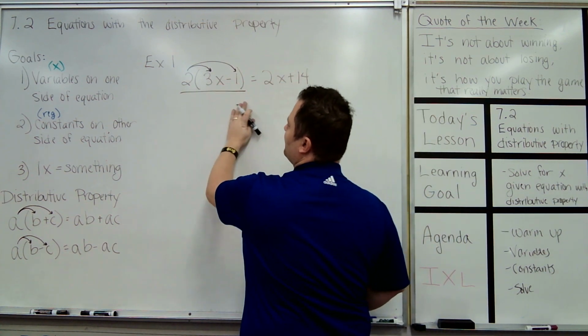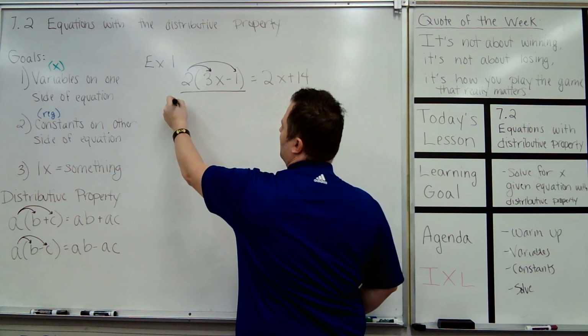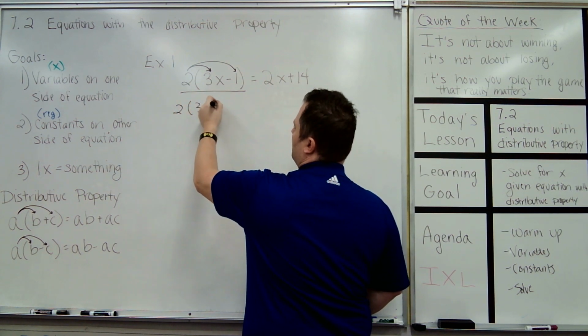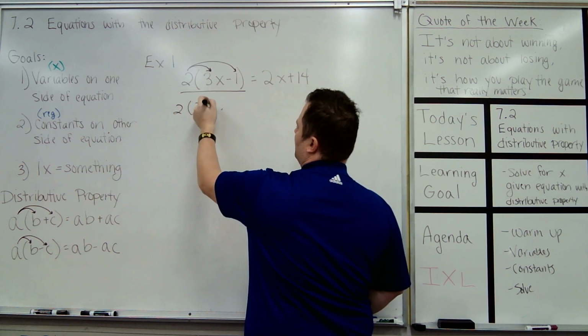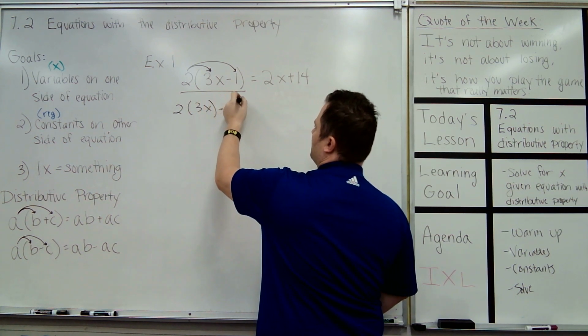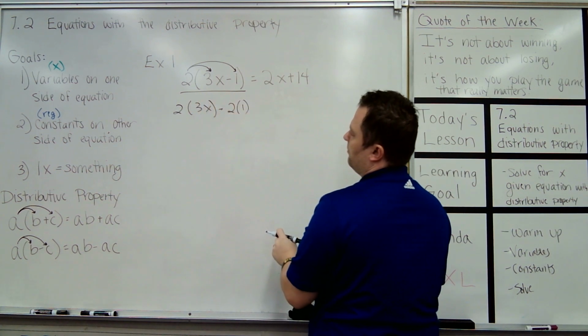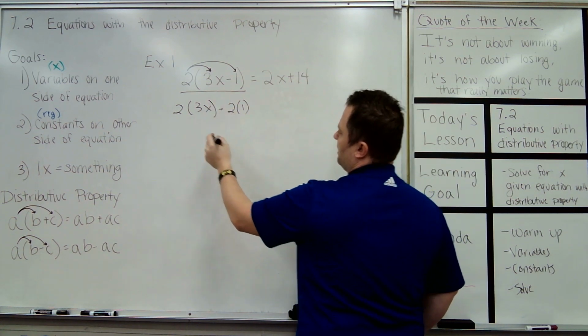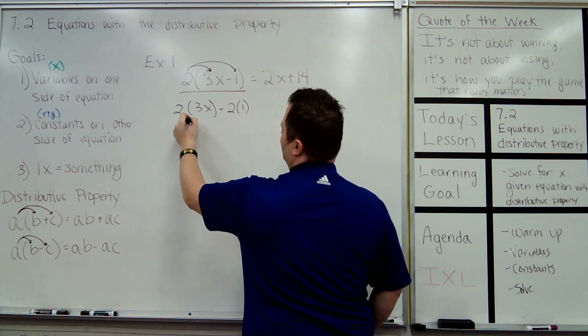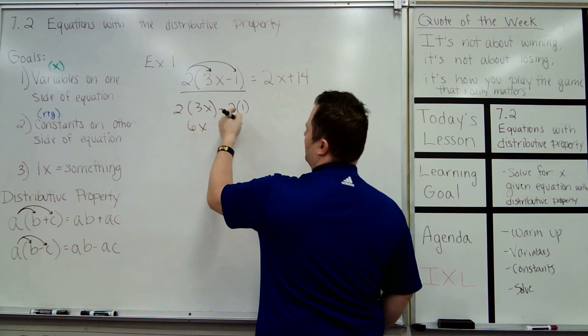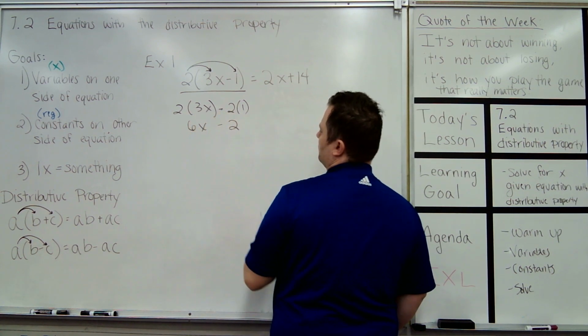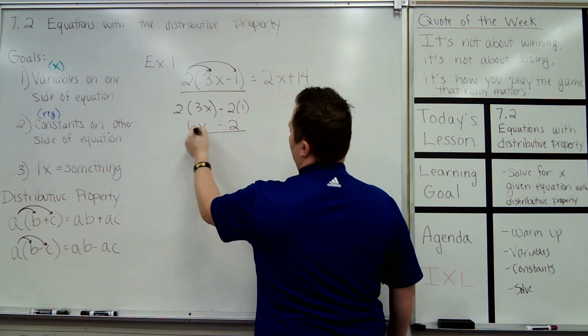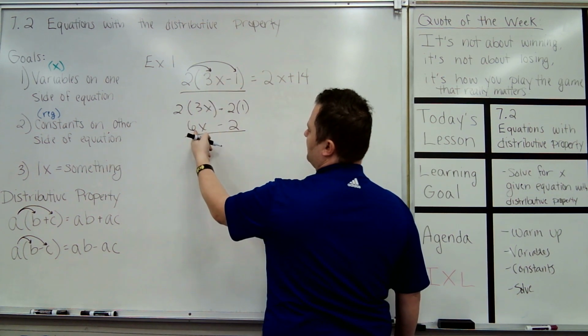I'm only rewriting this piece. 2 times 3x minus 2 times 1. 2 times 3 is 6x, and then minus 2 times 1 is 2. So I can rewrite this as 6x minus 2.